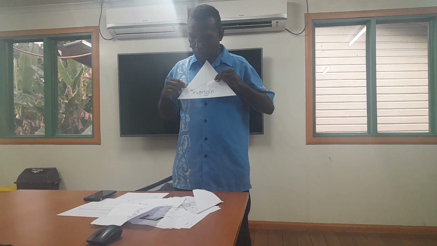A triangle. This is an equilateral triangle. An equilateral triangle has every side the same. Let's see how many lines of symmetry an equilateral triangle has. Now see, the first fold, we have all sides the same.